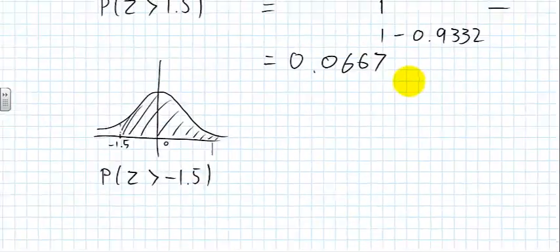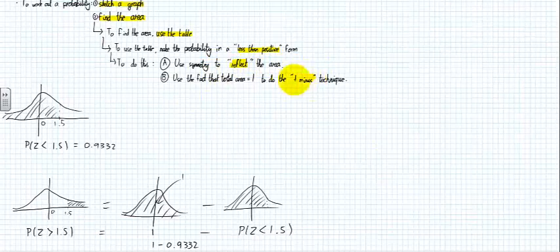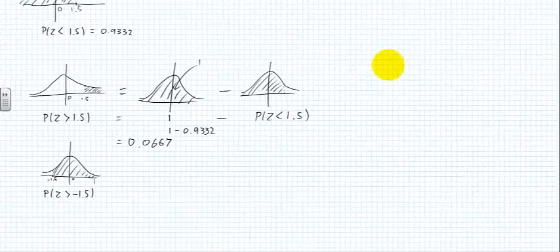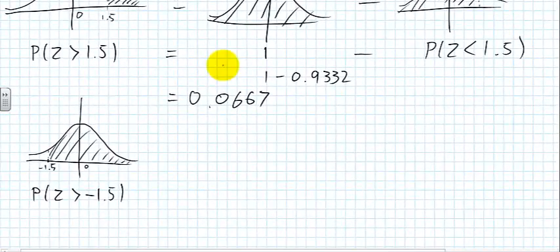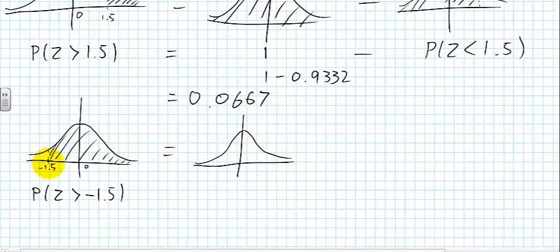So I'm going to have to use one of the two techniques, either the reflect technique or the 1 minus technique. In this case, I will use the reflect technique. Due to the symmetry, which means that both halves are reflections of each other, the probability of z being bigger than minus 1.5 is equal to the probability of z being less than 1.5.